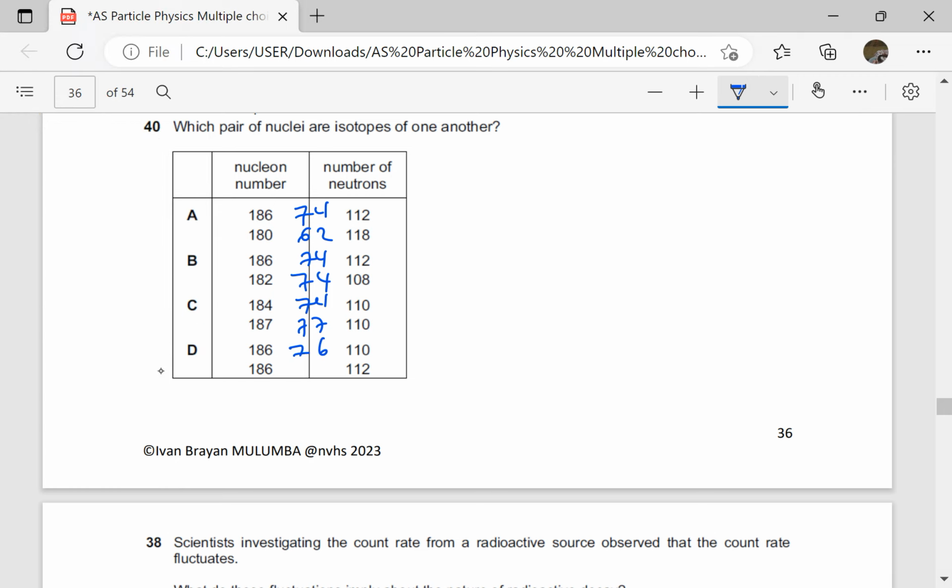And 186 minus 112, which is 74. So, these ones are not isotopes. These ones have the same proton number. These ones are not isotopes. These ones are not isotopes. So the answer is going to be B.